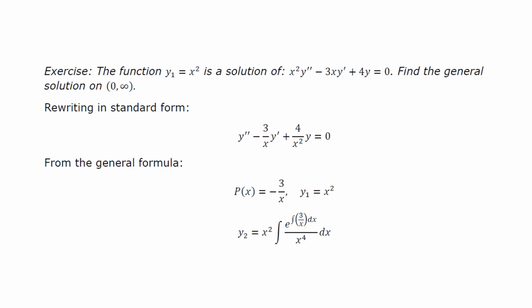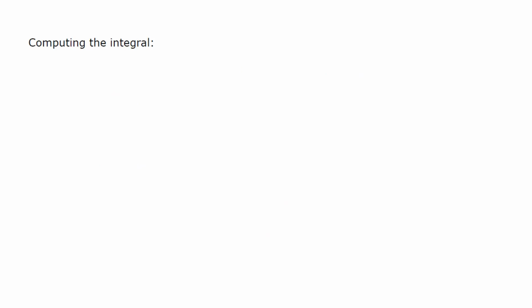So in computing the integral, let's first look at the e to the power integral of 3 over x dx first. All right, so we're going to compute that integral. So e to the power integral of 3 over x dx is going to equal e to the power 3 natural log x, which then simplifies to x cubed. Okay, so if we substitute that back into our general formula, we would then get x squared times the integral of x cubed divided by x to the 4th dx.